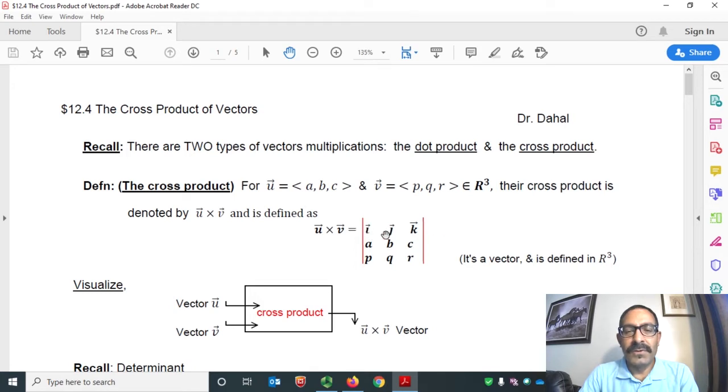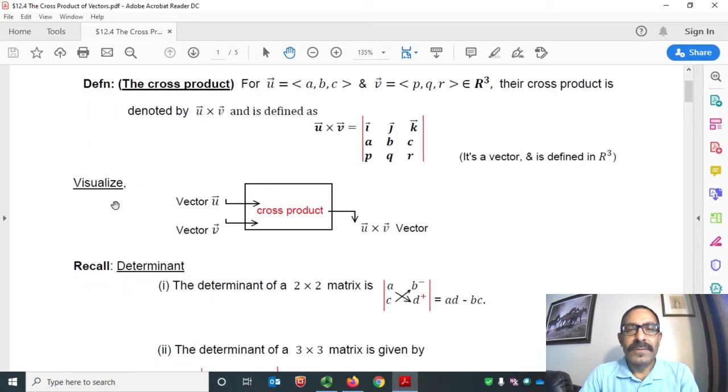First row i, j, k, second row the vector u components, and third row the vector v components. Quick visualization: for the cross product, our inputs are vectors u and v, and after we take the cross product, the output is a vector, which is u cross v.